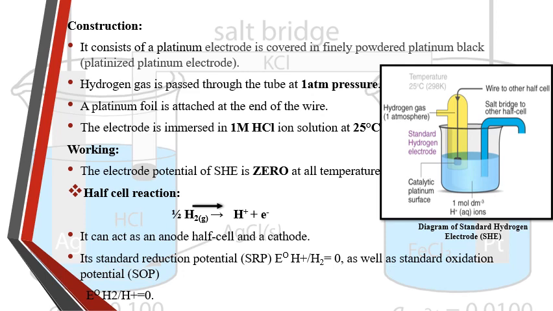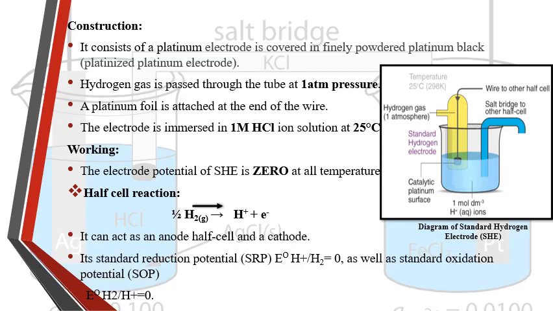There is this acid solution, the electrolyte. The electrode is immersed in a standard solution of strong acid, typically 1 molar hydrochloric acid, to ensure a constant concentration of hydrogen ions.